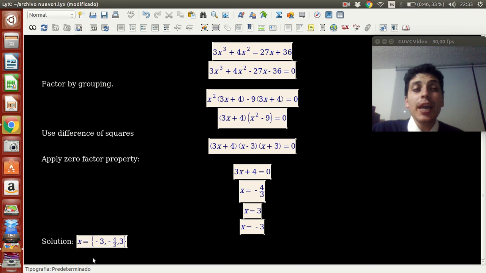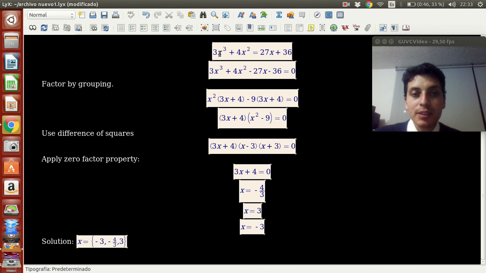If you want to check if I did the process appropriately and didn't make any mistake, you just need to substitute each answer into the equation: x equals 3, then negative 4/3, and finally the others, and check the result.